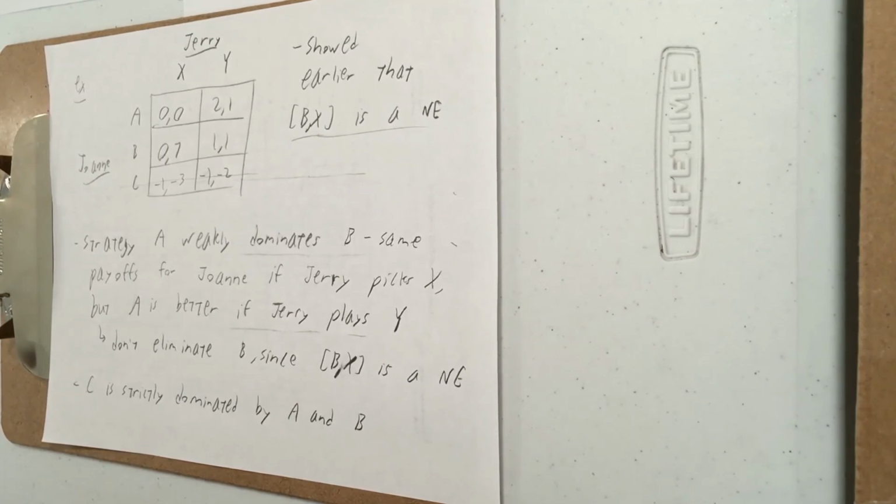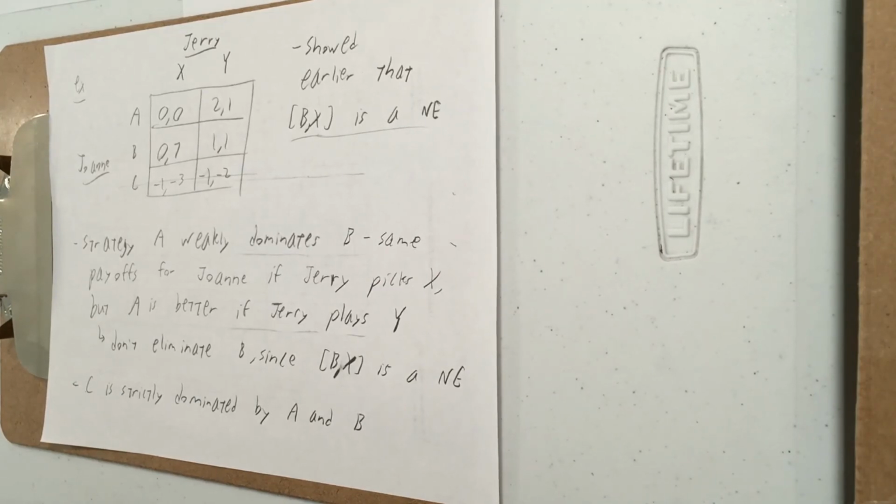So the moral of this story is that you can always eliminate strictly dominated strategies, but you can't eliminate weakly dominated strategies. A strictly dominant strategy always gives you a greater payoff. Weakly dominant means greater than or equal to payoff.